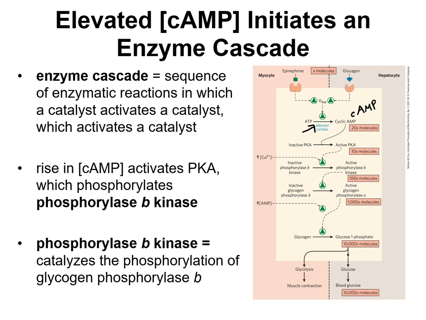Anywho, once you have active glycogen phosphorylase, it is now in the A form, and it can do some work. So it can take that glycogen and start chewing it up to make glucose 1-phosphate.